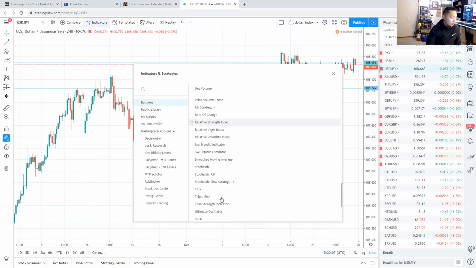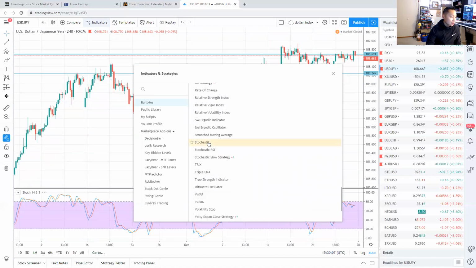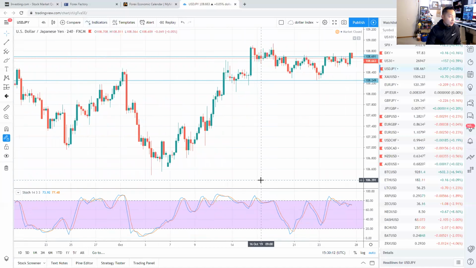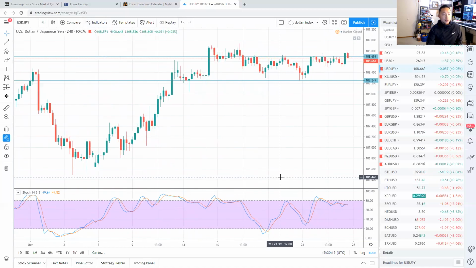And so let me run through Stochastic here. Now, this is on the 4-hour chart, and when Stochastic is above, to me, I would use 80 and 20 versus 70 and 30, because Stochastic likes to hit 100 and 0 most of the time.